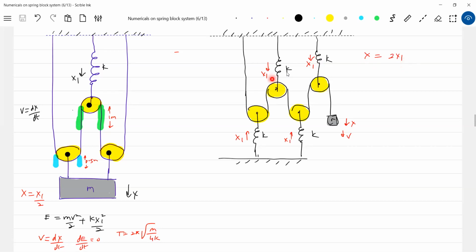Like that, how many are there? 4 springs are there. V equal to dx by dt, dE by dt should be 0. Solve it together, record the answer. Things are very simple.